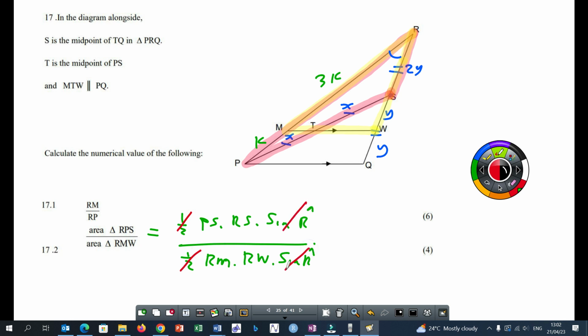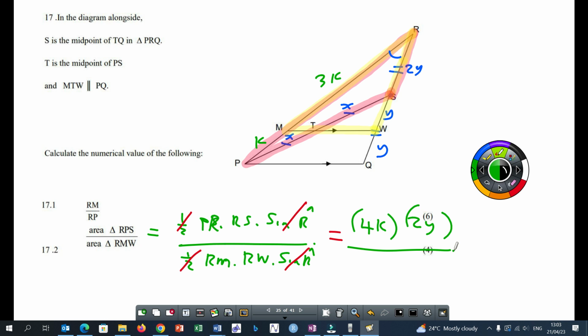These two cancel out. So that will be equal to, now PS is going to be 4K. Sorry, PS. Okay, so I wrote this PS there, I made a mistake. It's supposed to be PR. So that's PR. That will be 4K times RS, which is 2Y, all over the denominator.